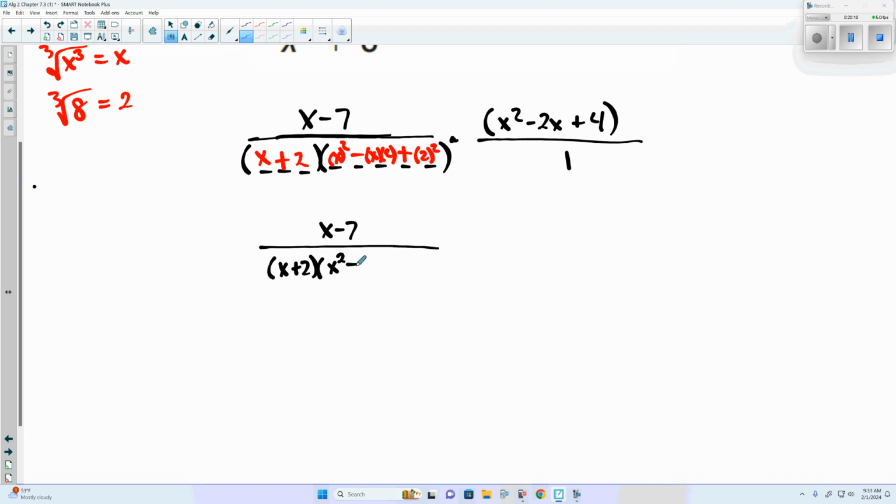And when we simplify the middle, 2x plus 4. We do get to this point here, which is following the exact same steps, the exact same pattern of what we just had.